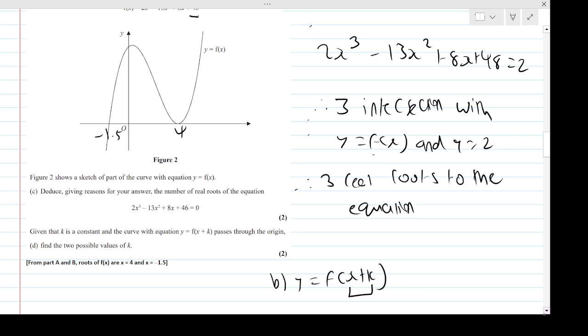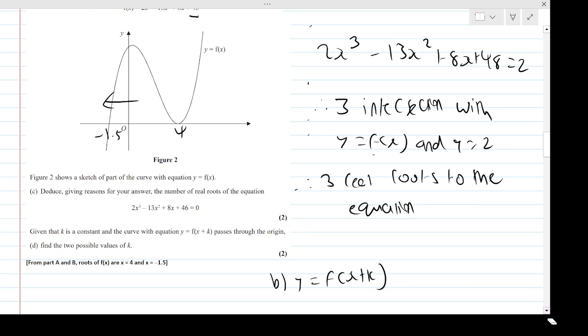So what we expect is add k, but we're going to do the opposite and subtract k. So we're going to shift by k. Okay, so we're going to add or take away k to x, so it's going to shift it left or right. Now the curve can only move left or right by k units.